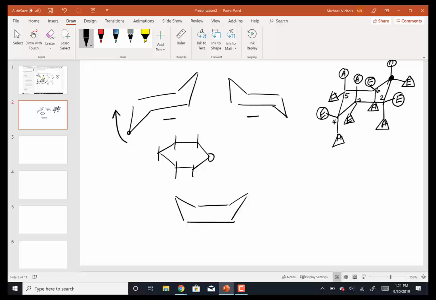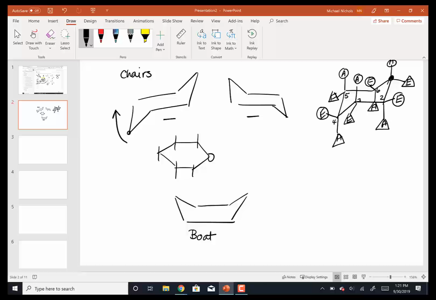Now, all of these are conformations. What are conformations? 3-dimensional structures that are interchanged by rotation around a carbon-carbon single bond. This is called the boat. And these are called chairs. Okay? So what you do is you rotate the left carbon up into the boat.